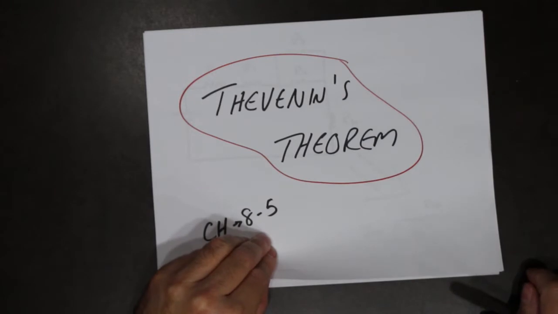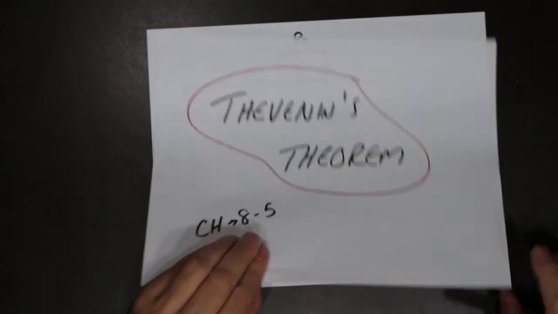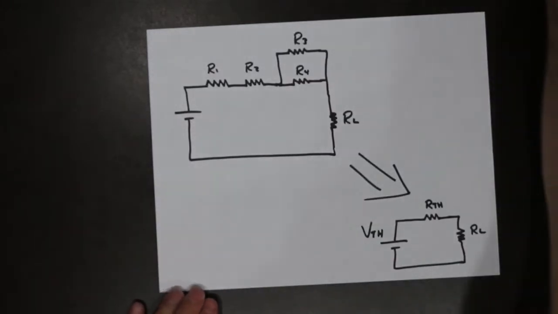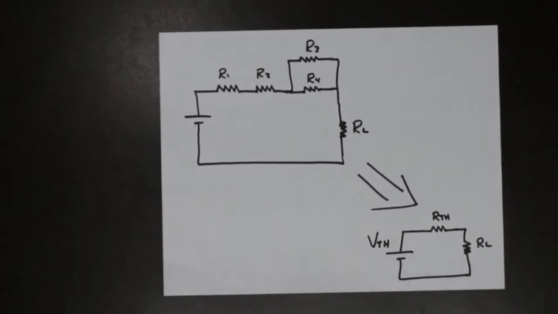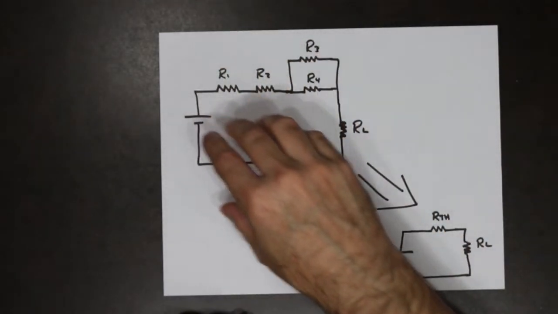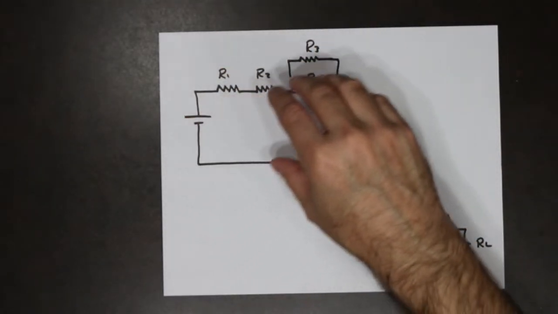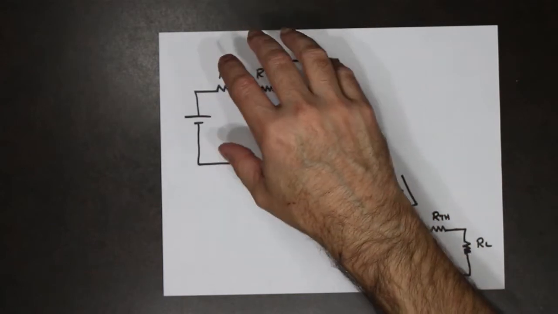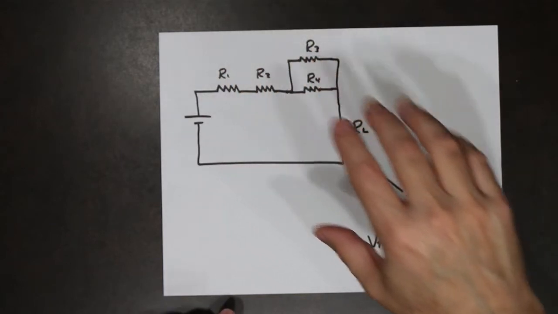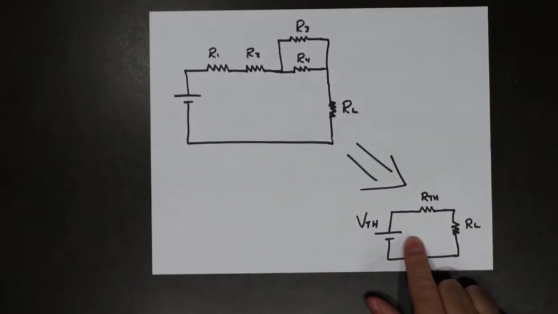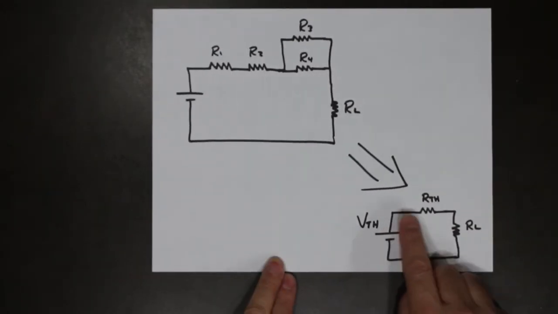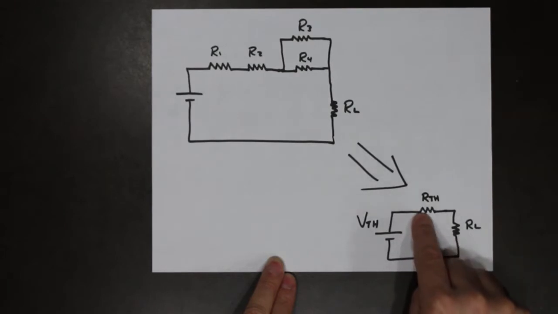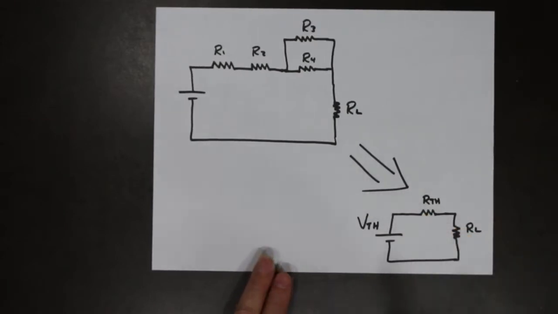What is Thevenin's theorem? Well, Thevenin's theorem is a procedure, if you will, that we follow to take any complex circuit and simplify it down to something that looks like this, with an equivalent voltage, an equivalent resistance, and the load.